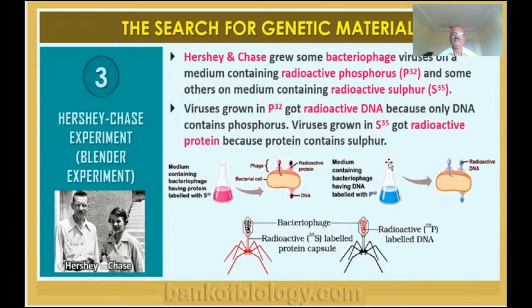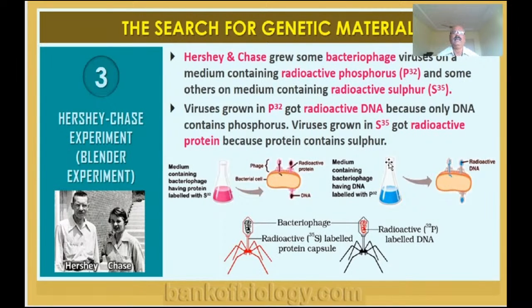Every protein has sulfur-containing amino acids, like methionine and cysteine. Methionine is the starting amino acid in any protein. So sulfur is present in proteins, and phosphorus is present in DNA.